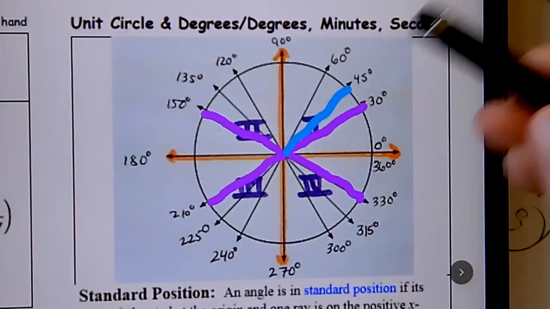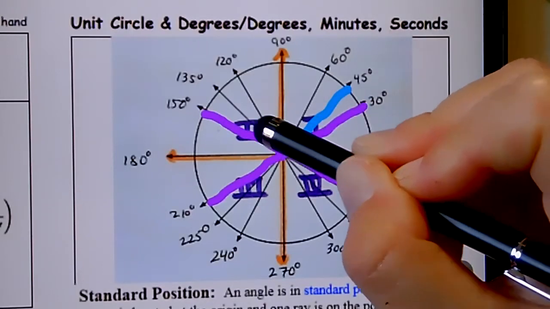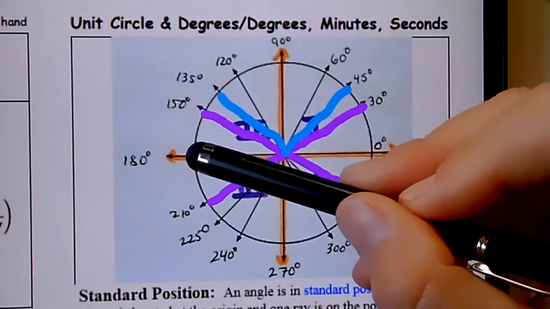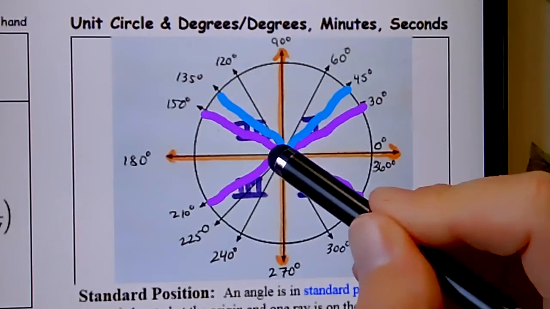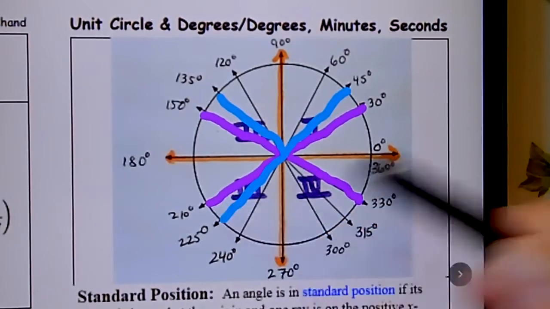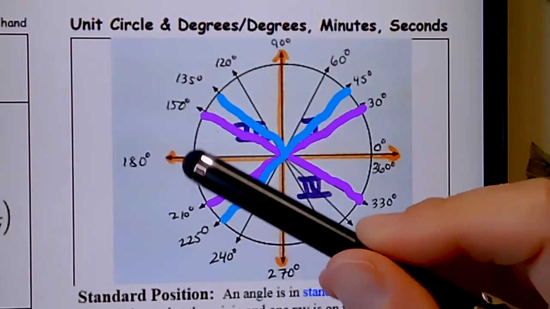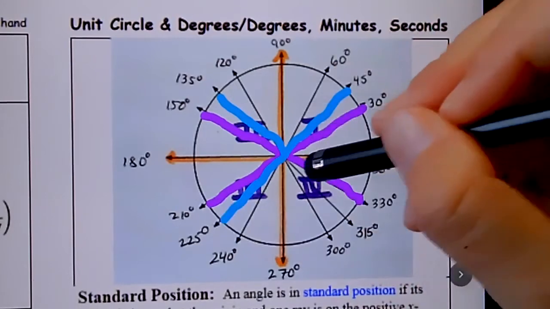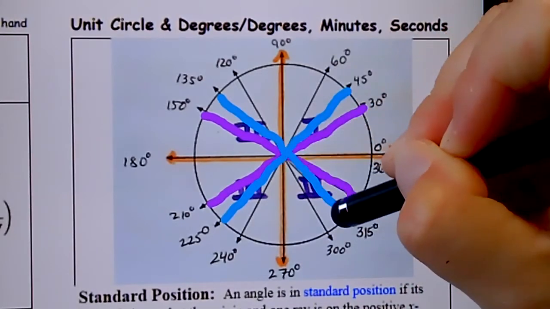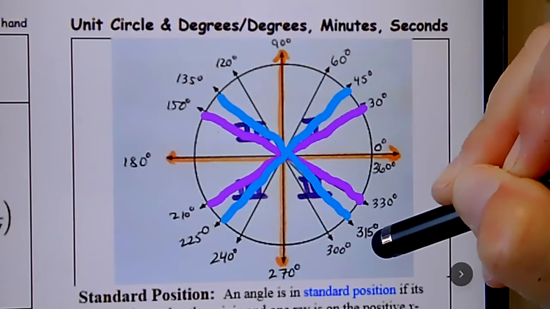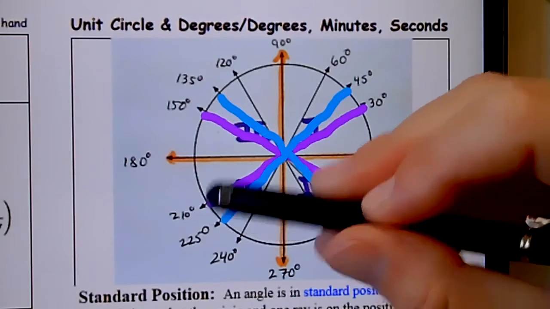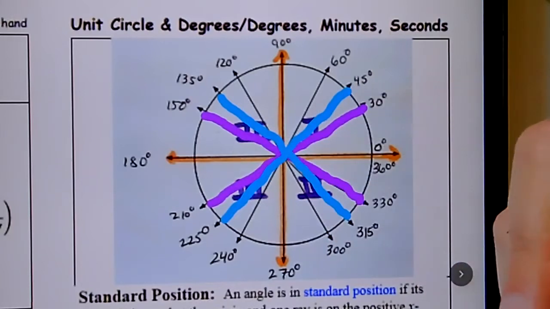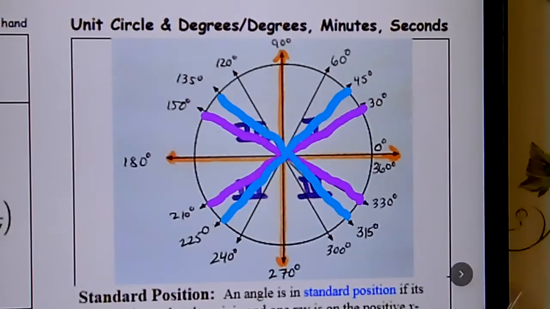So 45 degrees. Over here on this side, 135 would be 45 degrees above on this side. 225 is going to be 45 below. Over here, 315 is going to be 45 below the x-axis. So all of these angles are going to have 45 degrees as its reference angle.